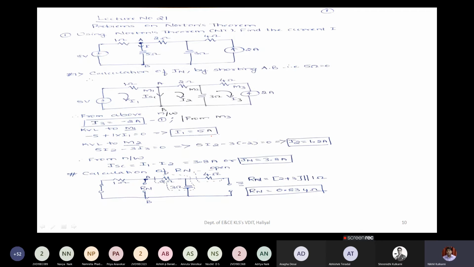What is the main difference between Norton's theorem application and Thevenin's theorem? In Thevenin's theorem, we find VTH by opening the load, and then we also calculate the RTH by keeping the load or part B network as open. But in Norton's theorem, we do it in the opposite way.